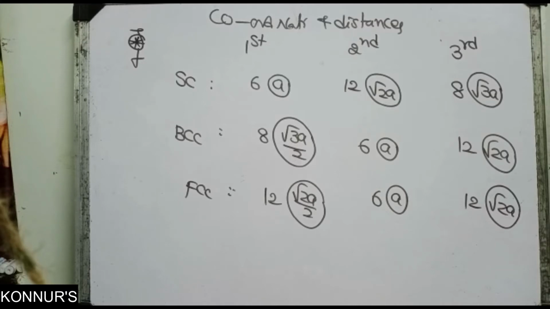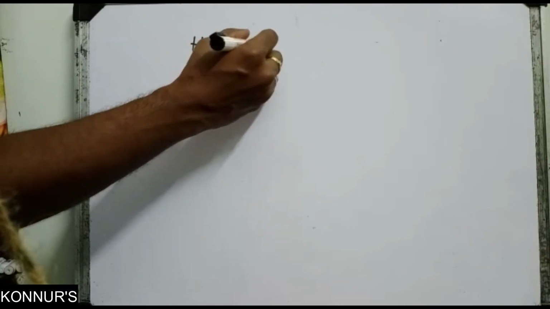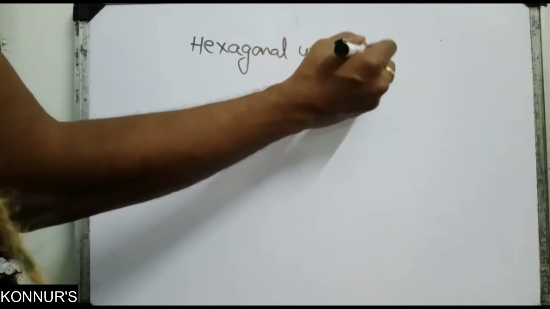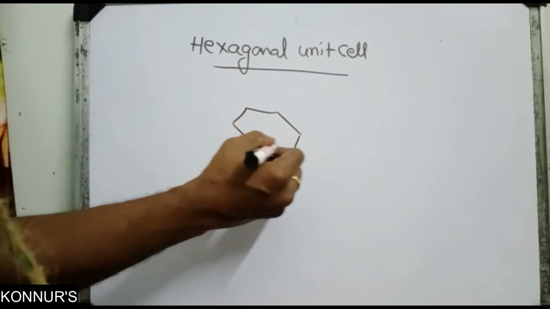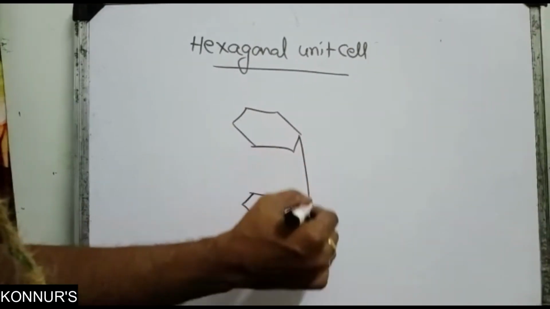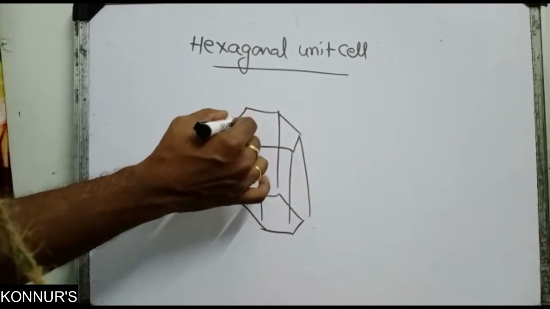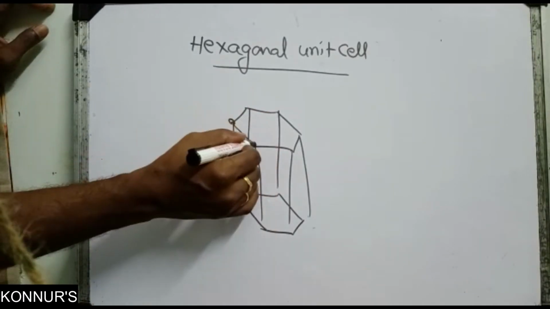Next, among the unit cells, hexagonal is an extra one. So you can take the hexagonal unit cell.